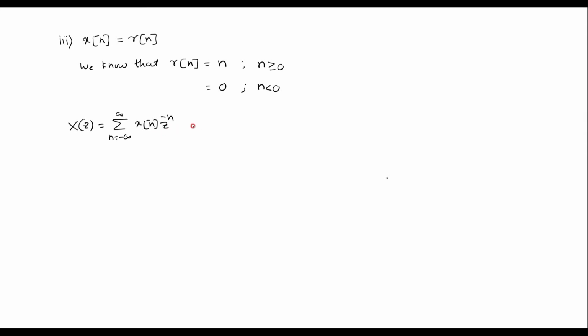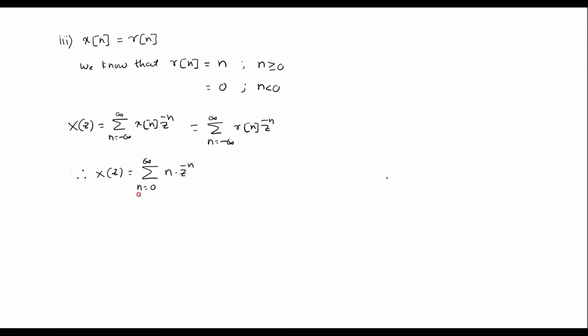Substituting, X of n is nothing but r of n, so r of n z power minus n. Here r of n is defined only for n greater than or equal to 0, that is, for n equal to 0 to infinity its value is n, that is n z power minus n.